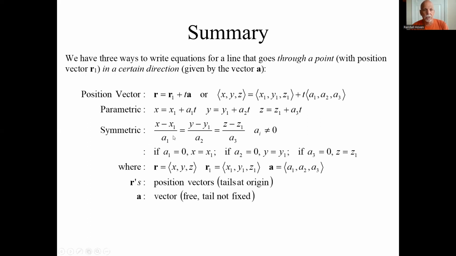The only nuance is this symmetric form when one of the three components is 0. If two of the components of the direction vector are 0, you wouldn't use the symmetric form. It doesn't make sense. Right, after that, we'll do planes. That'll be it for the vector intro.